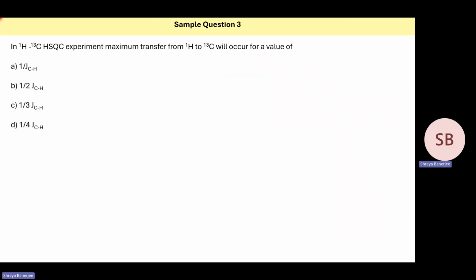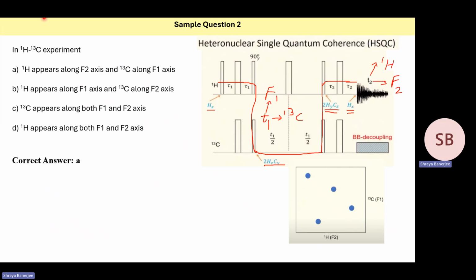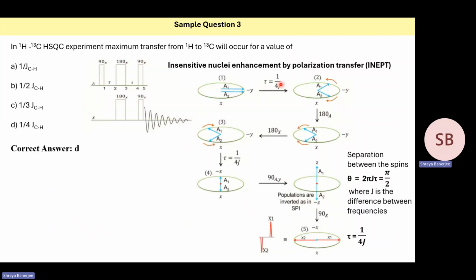Then you have this question that in 1H 13C HSQC experiment, maximum transfer from 1H to 13C will occur for a value of what? So in the HSQC experiment, basically, this sequence is an INEPT. So in the INEPT sequence, the transfer of magnetization is maximum when this tau angle is 1 by 4J.